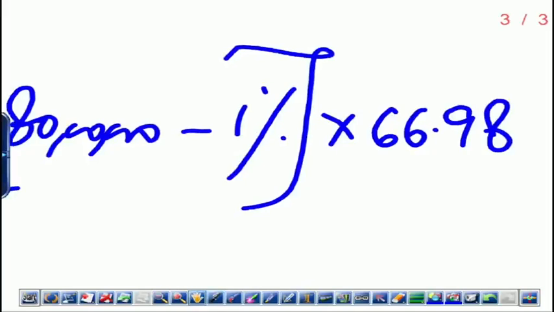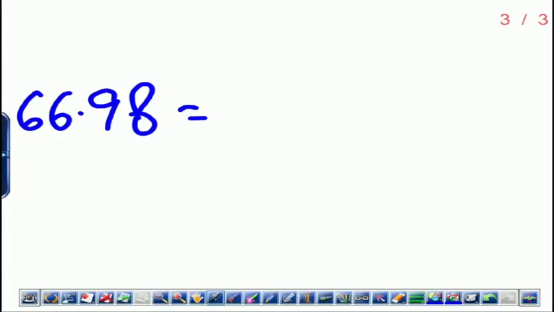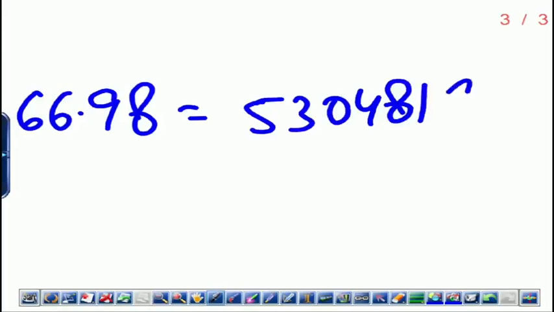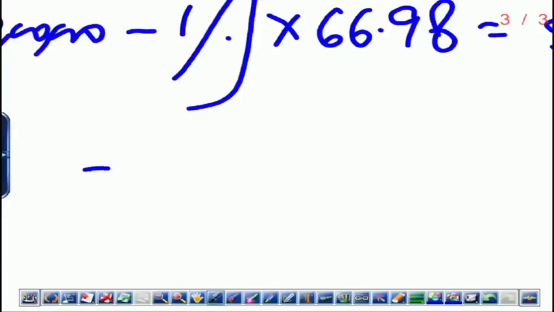What is this amount coming? 80 lakhs minus 1%, the whole into 66.98. This amount is coming to 53,04,81,600. Now this amount we have to pay, but we already have 25 lakhs funds available.